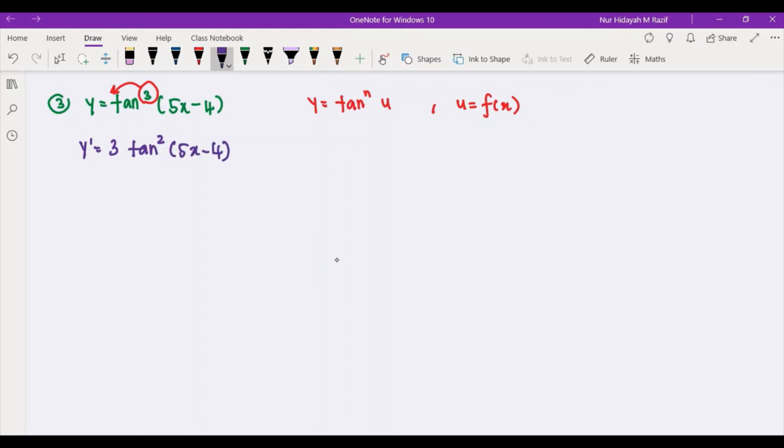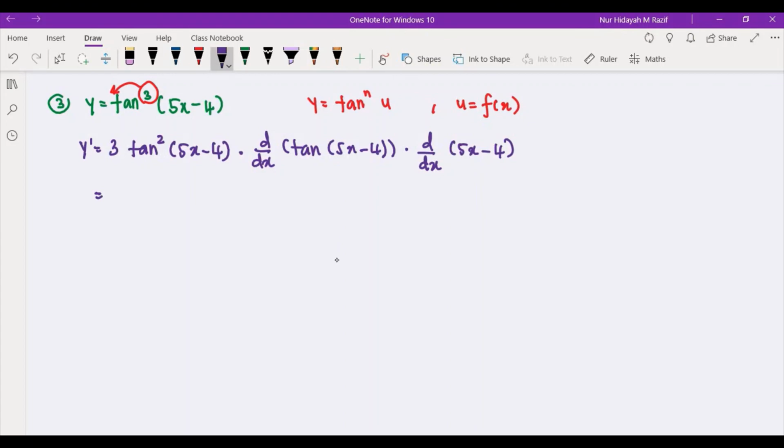The angle won't change. And then I'm going to differentiate only tangent. Okay, d/dx of tangent 5x minus 4 with respect to x. And then multiplied by the derivative of the angle, which is 5x minus 4.